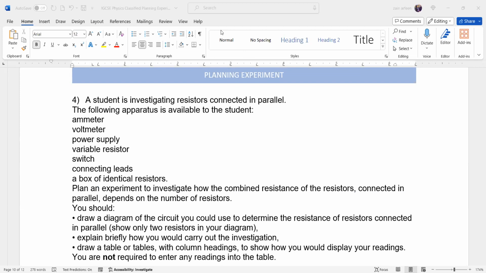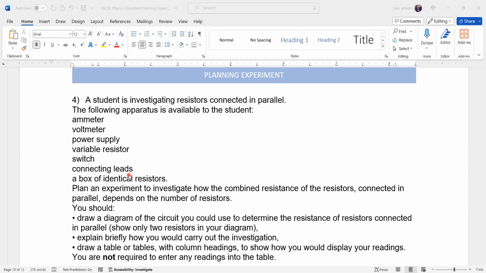So the experiment: a student is investigating resistors connected in parallel. The following apparatus is available to the student: an ammeter, voltmeter, a power supply, variable resistor, switch, connecting leads, a box of identical resistors.